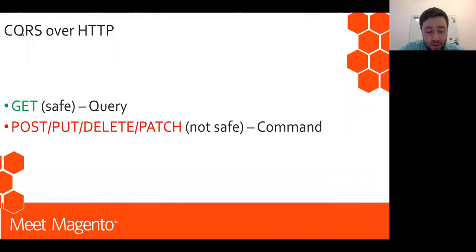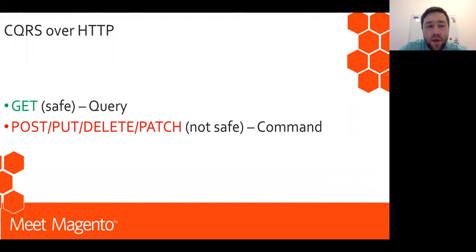So CQRS works perfectly well with RESTful architecture, but moreover, it is pretty interesting because if we consider the CRUD operations and CQRS, currently we change data with the PUT query, we remove an entity with the DELETE query, and we create an entity with the POST query, the POST command.